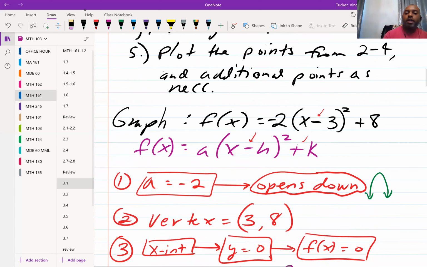All right. Our vertex, remember, it's the opposite sign for h, so that's why we have +3, and then k you just use as is. That's why it's +8. All right. Questions on the coordinates of our vertex?